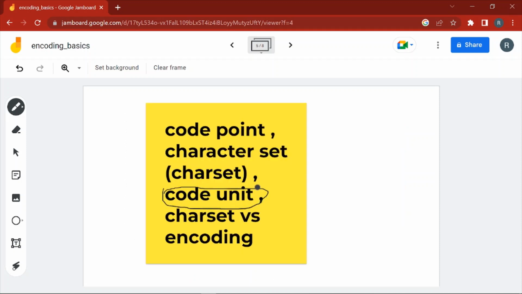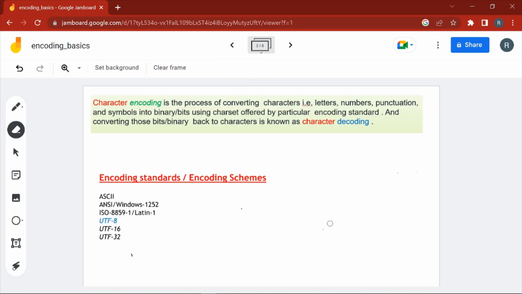Now we are left with code unit. This is also an important term in encoding. What is a code unit? We have seen many encoding schemes like ASCII, ANSI, ISO, UTF-8, 16, 32. In this process, A is converted into 65 and 65 into bits. How many bits should be used to define this number? That is given by the encoding scheme.